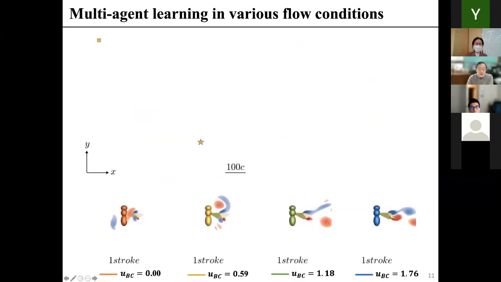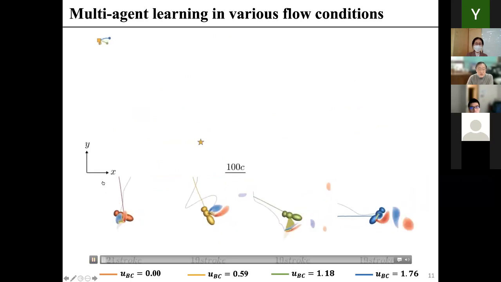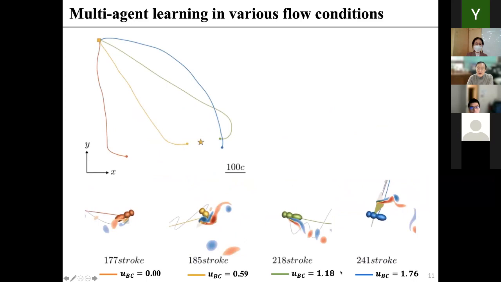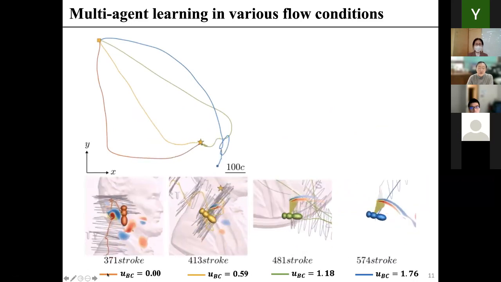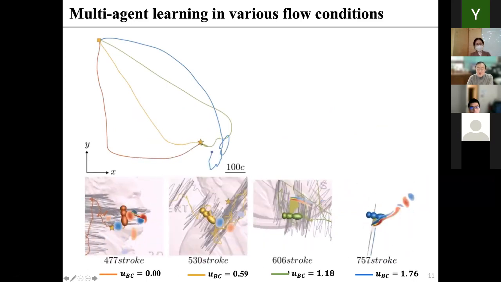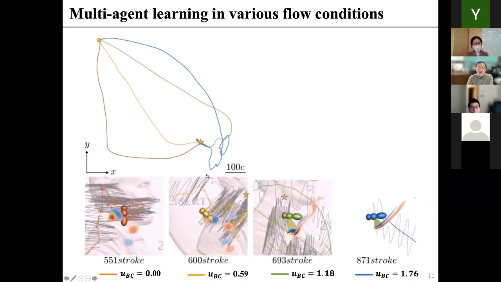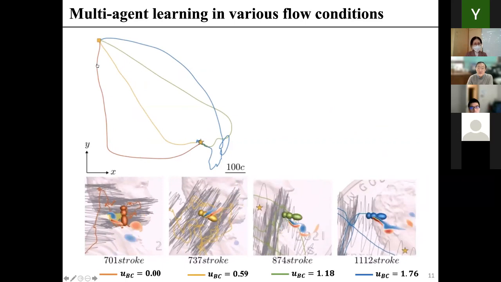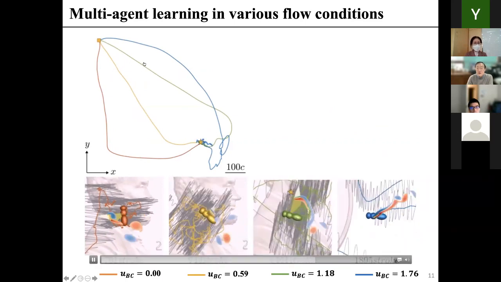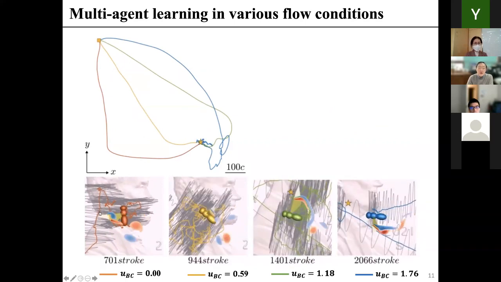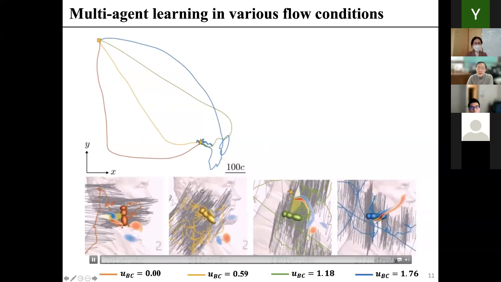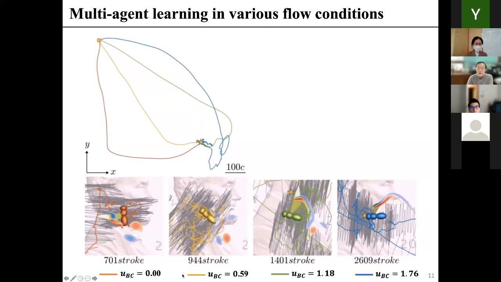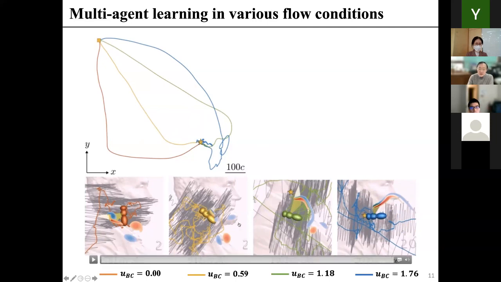For example, using different background speeds, you see at the bottom the orange, yellow, green, and blue lines indicate the speed of the ambient fluid flow. The flow is moving from left to right. So the fruit flyer is trained to control itself under the imposition of the background fluid.